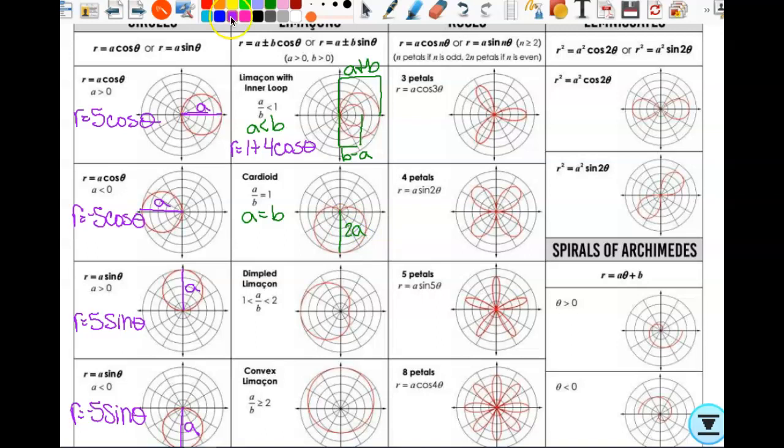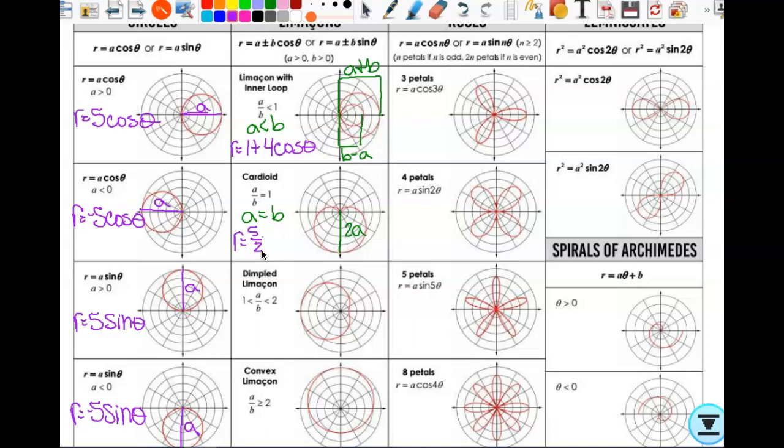So for this specific graph, this is r equals, what is it? The radius value of the graph here is 5, and a is half of that, so this is going to be 5 halves. Do you think this will be a sine or a cosine graph? Sine. Do you think it's positive or negative?